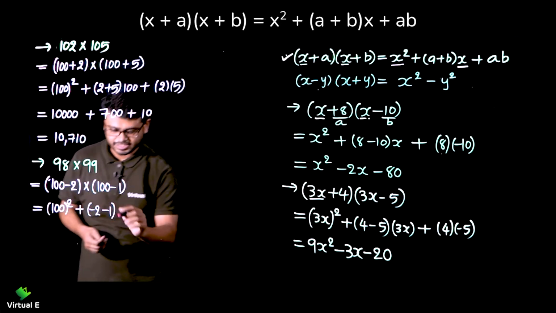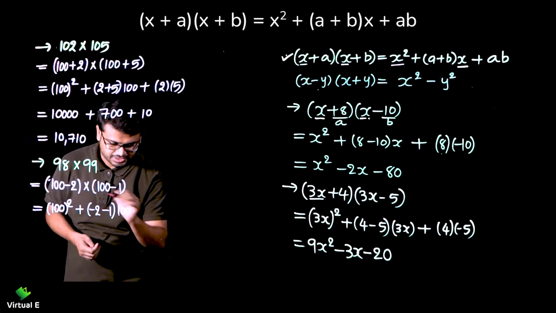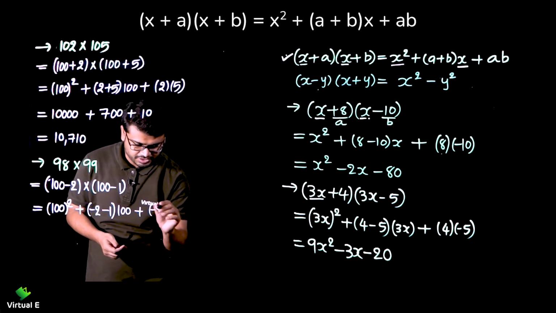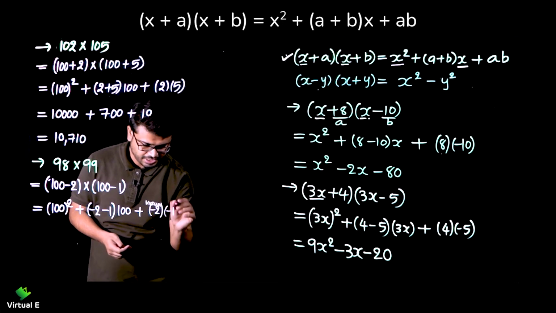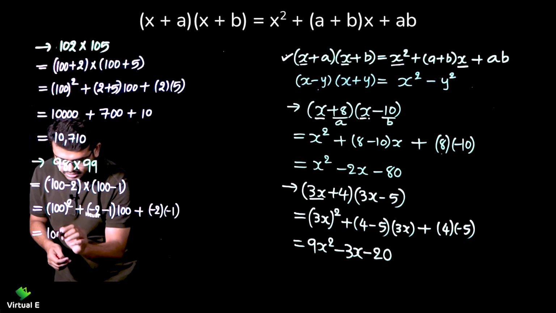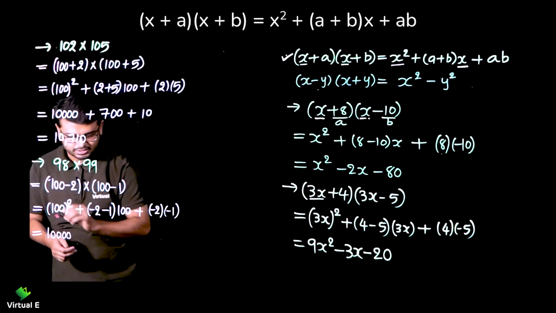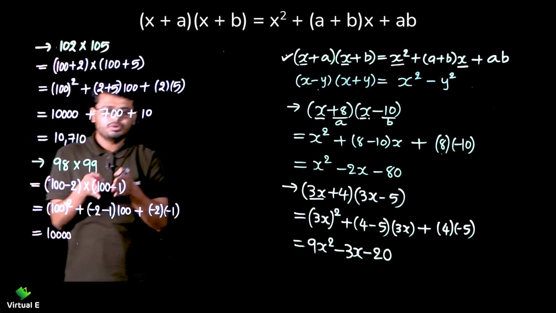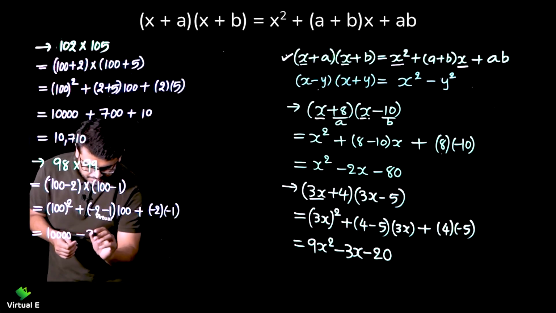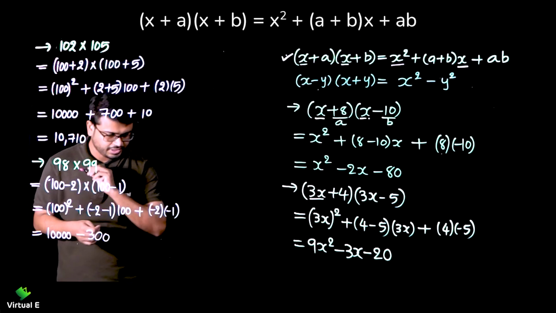If you see in the identity, in our case 100 plus we need to have the product of two numbers, that is minus 2 and minus 1. So 100 square, we will be writing what? 10,000. Here minus 2 and minus 1 will make minus 3 multiplied by 100. So that's minus 300.